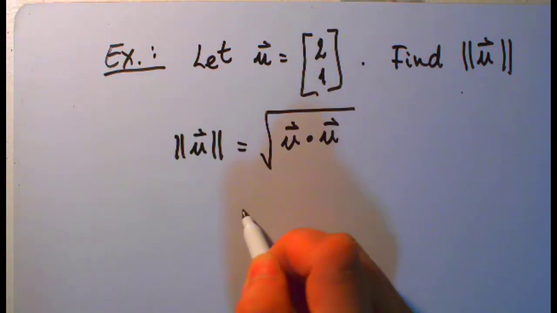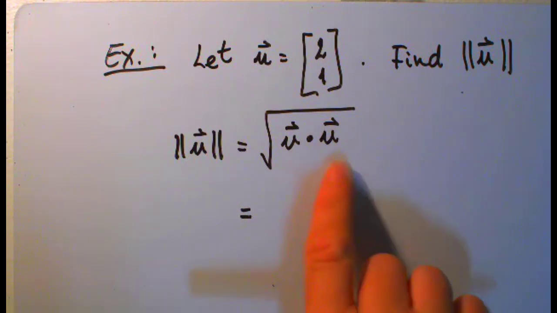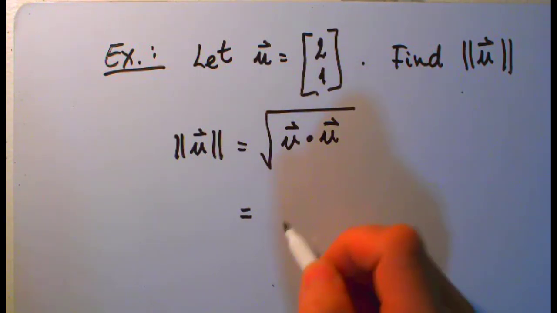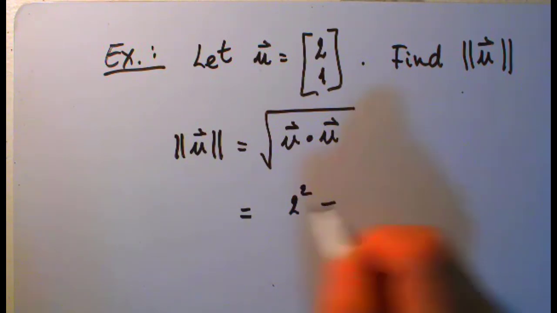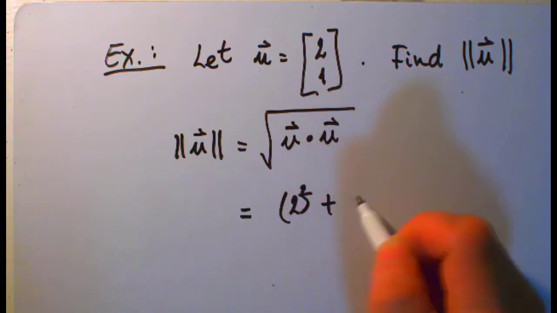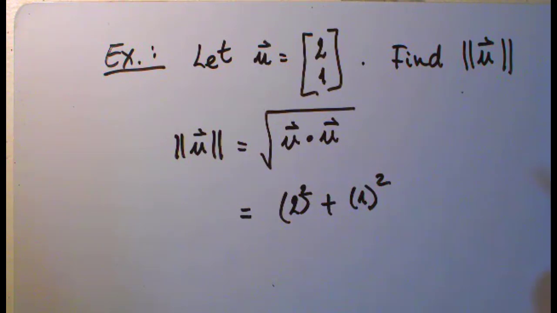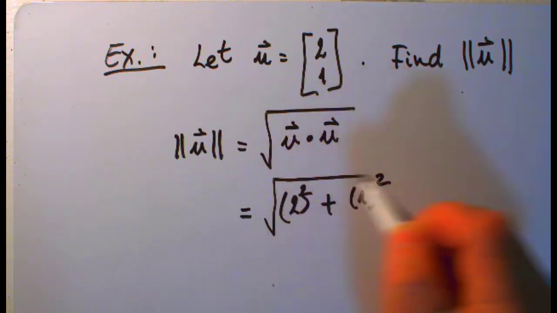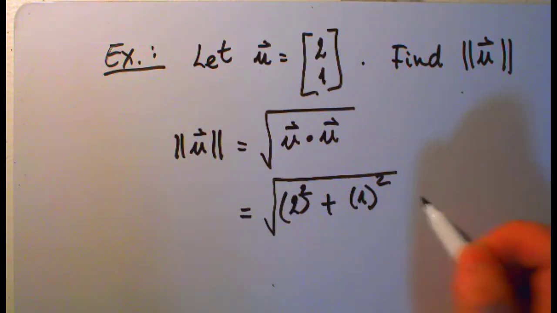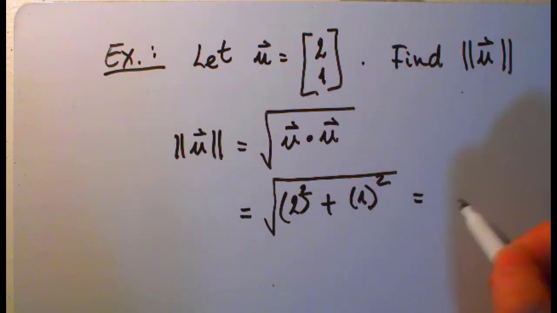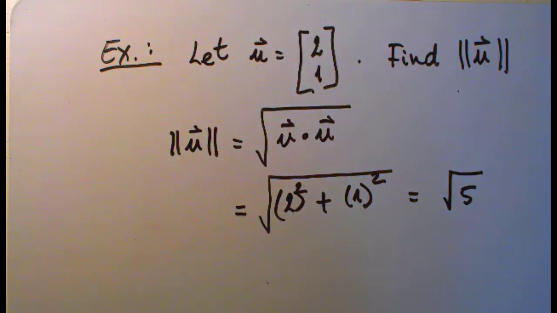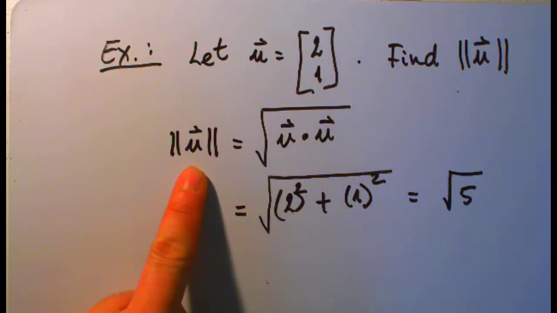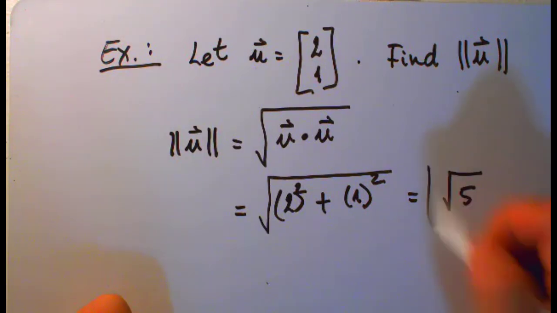So the dot product of u and u is 2 squared plus 1 squared, and we take a square root. 2 squared gives 4 and 1 squared gives 1. So we're looking at the square root of 5. So the length of this vector u is the square root of 5.